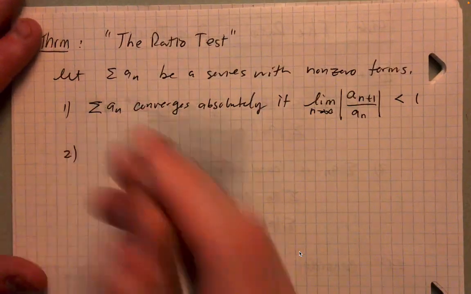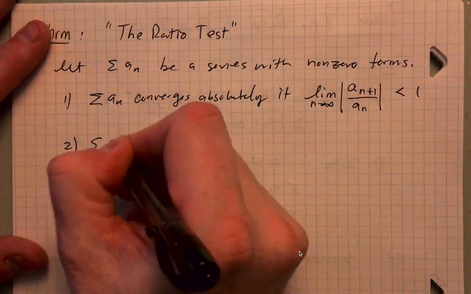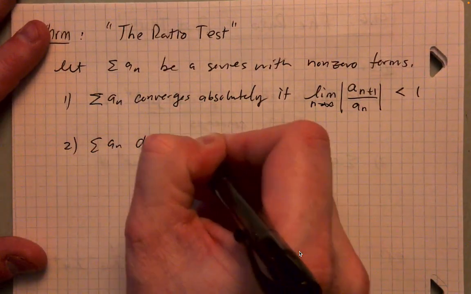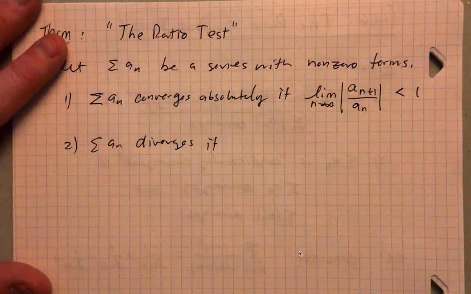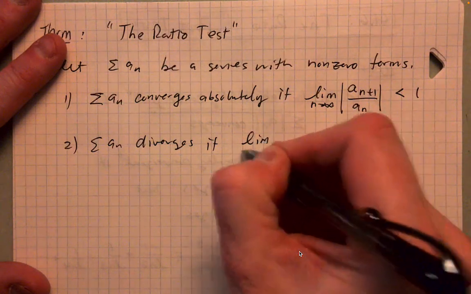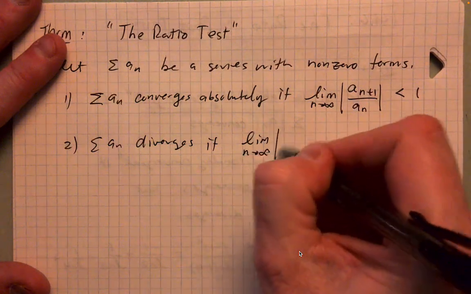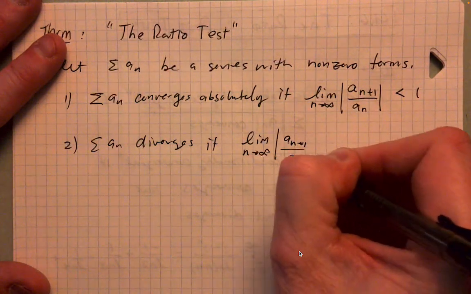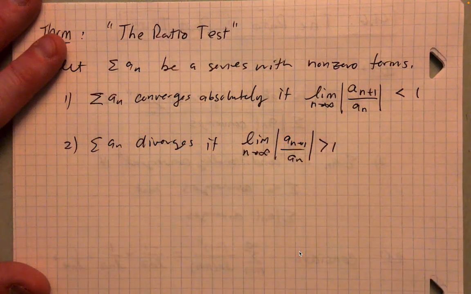Now you get divergence if the limit is greater than 1, or infinite.